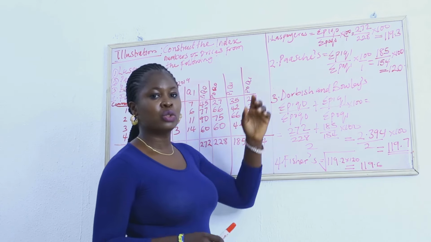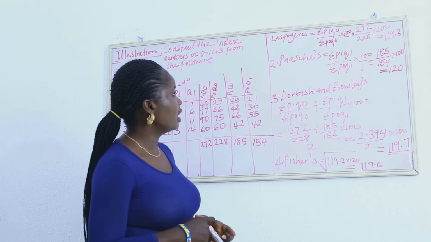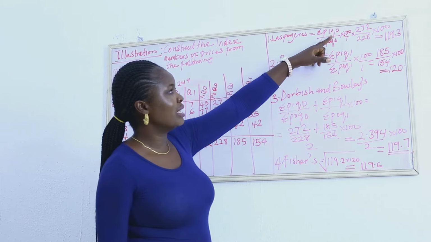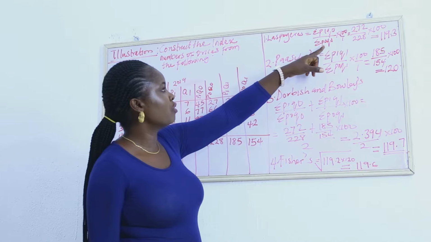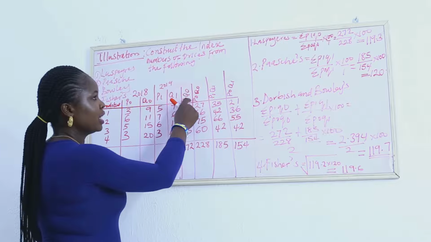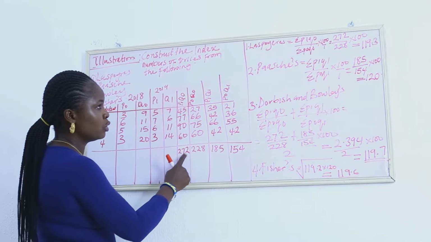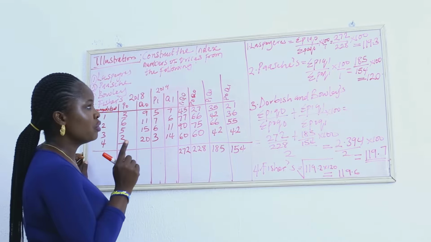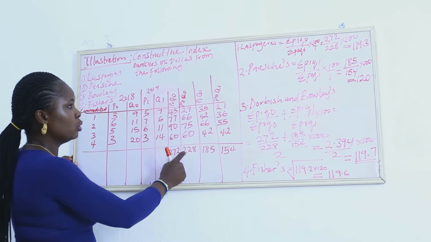Then trying to solve the formula now. Last part here says summation of P1 Q0 all over summation of P0 Q0 times 100. Looking at the board, P1 Q0, the total is 272. I've written 272 out. Then summation of P0 Q0 is 228.